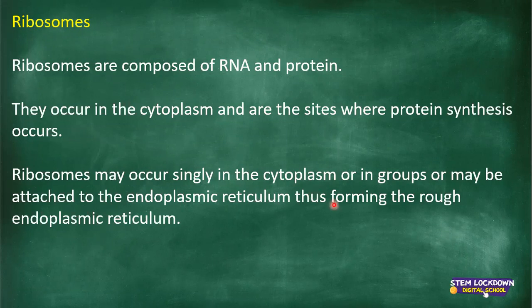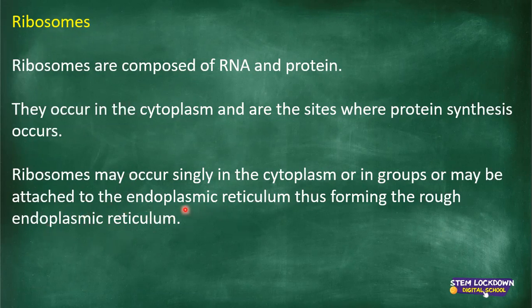Ribosomes may occur singly in the cytoplasm or in groups, or may be attached to the endoplasmic reticulum, thus forming the rough endoplasmic reticulum. That's where we've seen the ER. Remember, the last topic we dealt with was the endoplasmic reticulum.